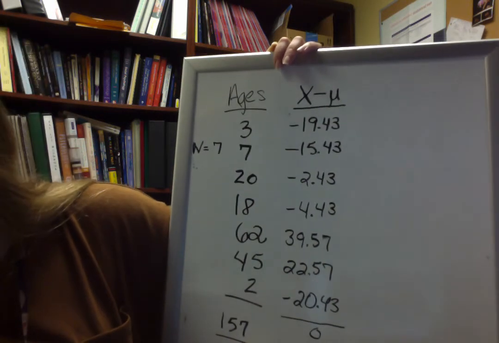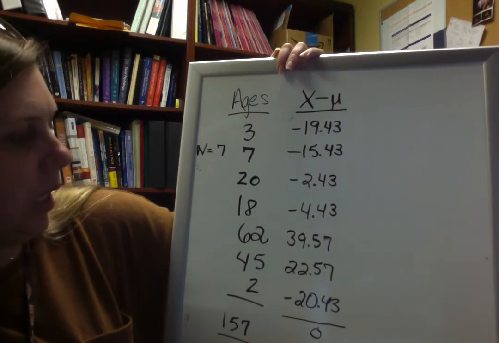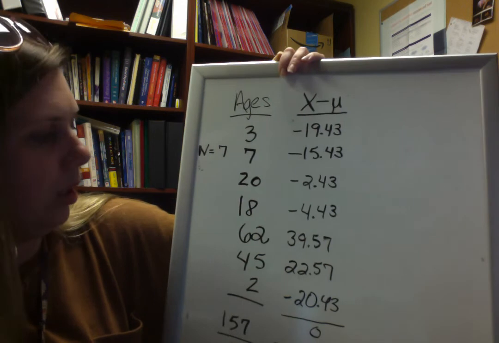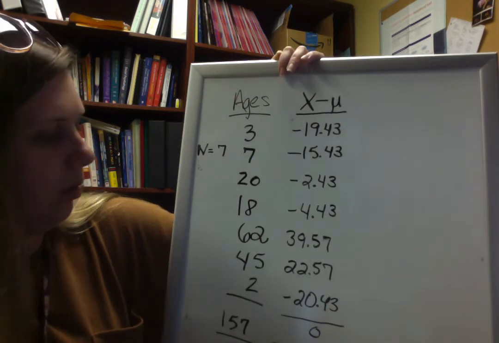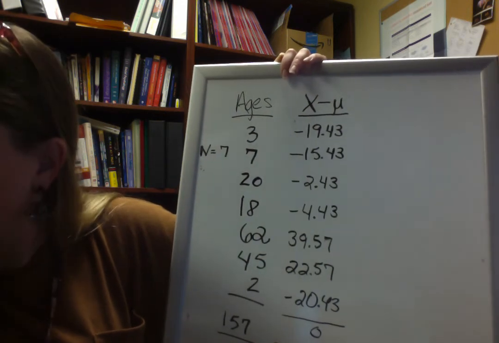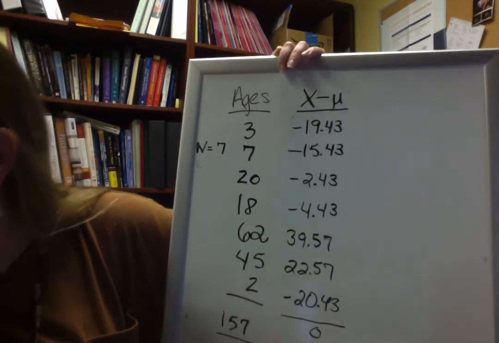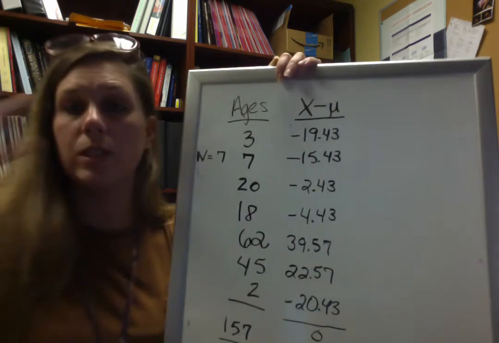So on the negative side, I have 62.15, so I just need to make sure on the positive side it's 62.15, okay? So 39.57 plus 22.57. Okay, so it's 62.14.